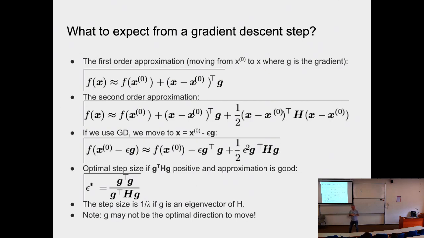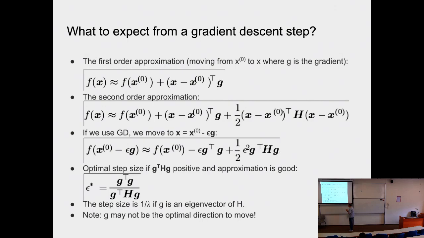So if you're stepping in the gradient direction, and if you're only using a second order approximation, the optimal step size is g transpose g divided by g transpose H g. So this assumes certain things like H is positive definite, etc. And of course it assumes that the second order approximation is good, so my function is locally quadratic. Okay? But under these assumptions, this gives us an idea.